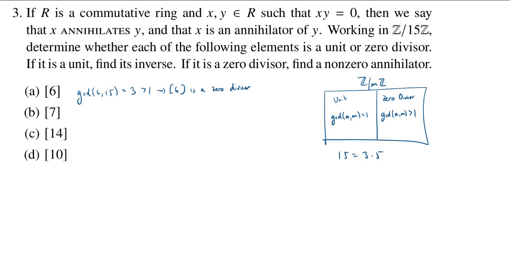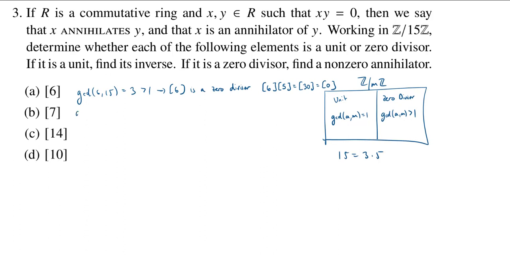So 6 has the 3, but it doesn't have the 5. I need to somehow get a 5 multiplied in there, so I just multiply by 5. The class of 6 times the class of 5 is equal to the class of 30, which is equal to the class of 0, because we're working modulo 15.